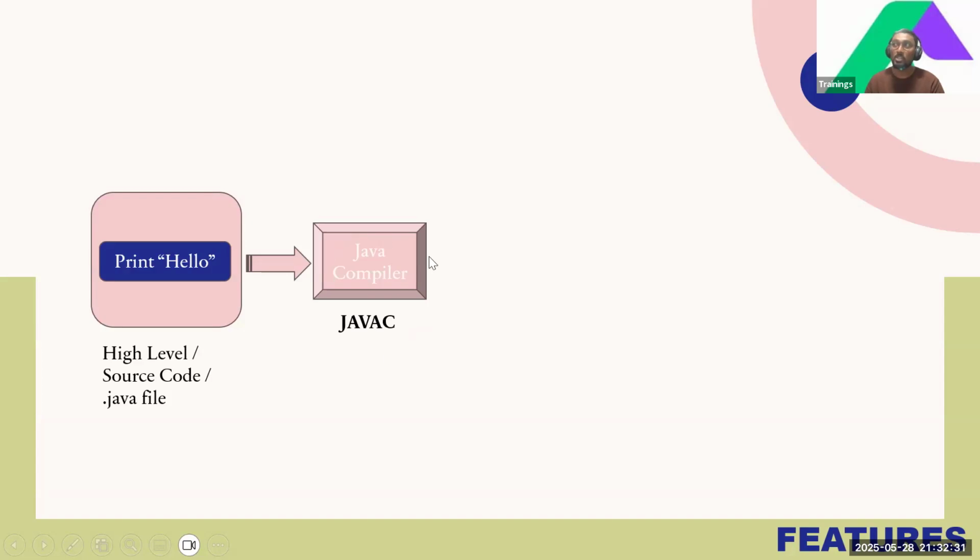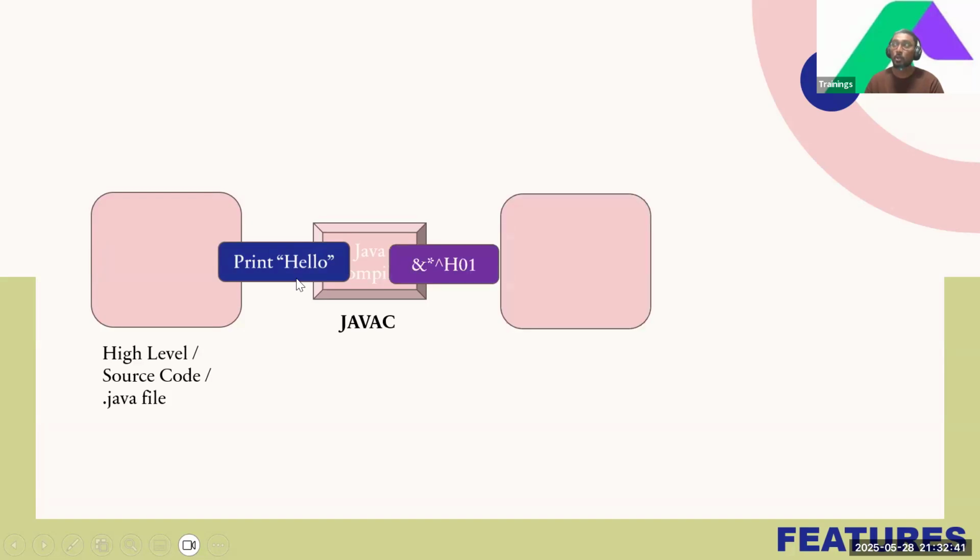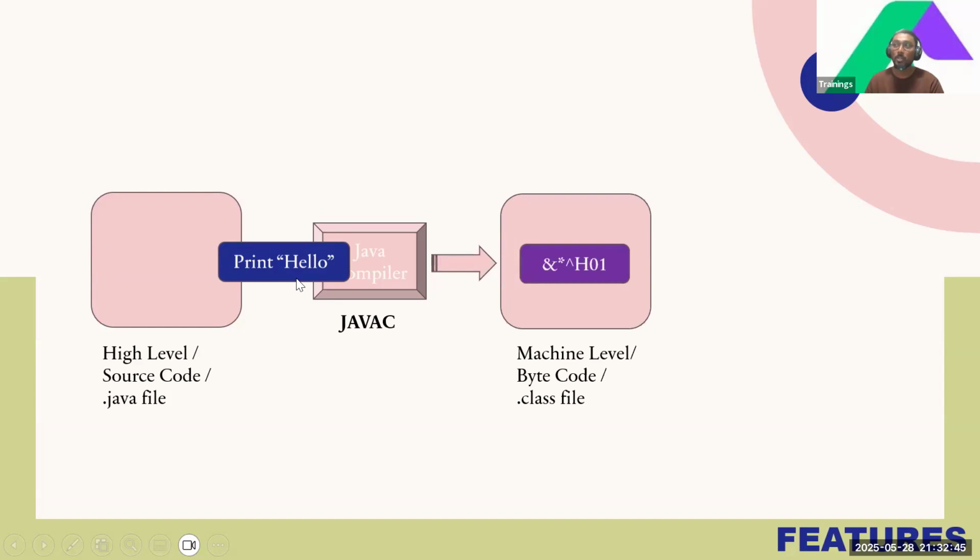The Java compiler will take your high level language and convert it into low level language, meaning machine level language, which is also called bytecode, in the form of a .class file. You are giving a .java file, but instead of giving it to the machine directly, you first give it to that translator called the Java compiler.